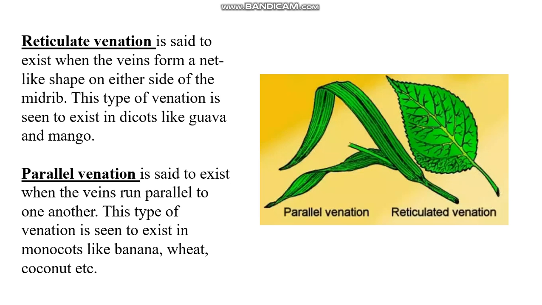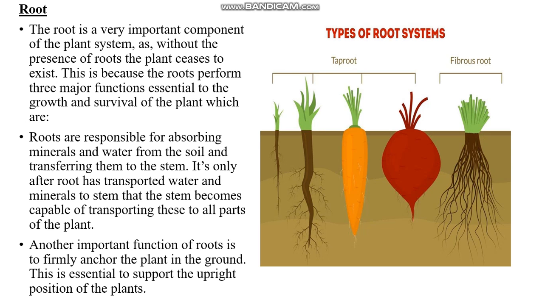This type of venation is seen in dicot plants like guava and mango. Parallel venation is said to exist when the veins run parallel to each other, hence the name parallel venation. This type of venation can be seen in monocot plants like banana, wheat, etc. So these are the two types of venation: reticulate and parallel venation.